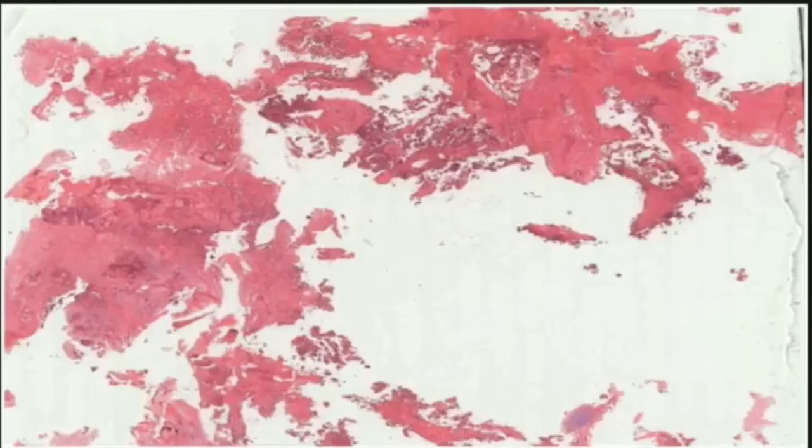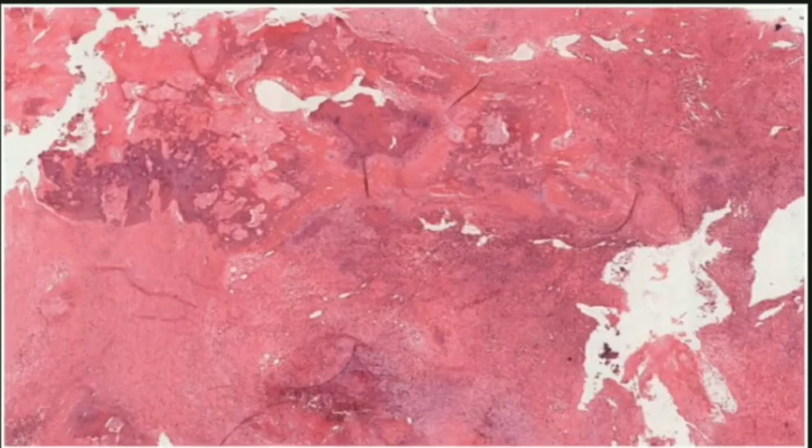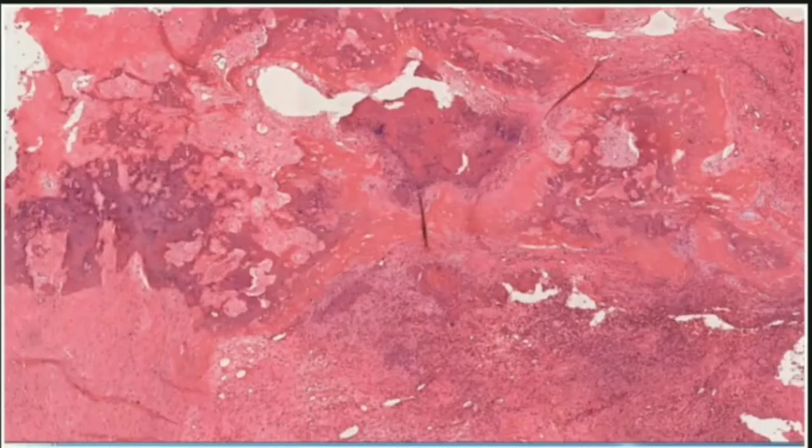This is a scanner view showing the bone with the tissues and the surrounding lesions. This is low power showing focal areas of immature bony trabeculae surrounded by fibrous tissue composed of spindle cells. This is a high power of the same slide.